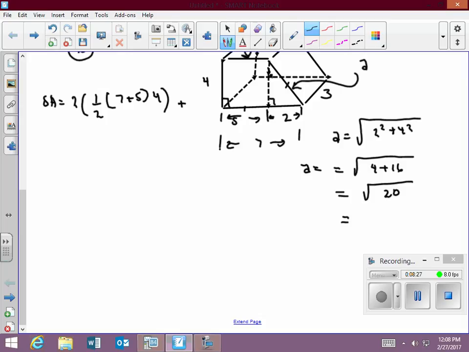And 4 is going to come out, so it'll be 4 square root of 5. So what I have to do is get this perimeter. The perimeter is going to be 4 plus 5 plus 7 plus 4 square root of 5, times the height, which is 3.